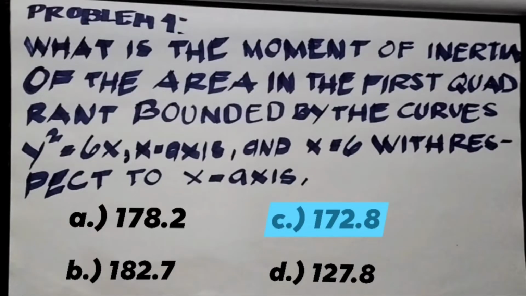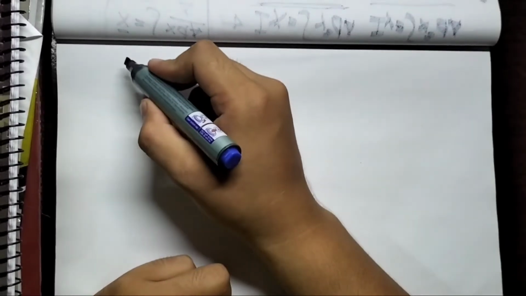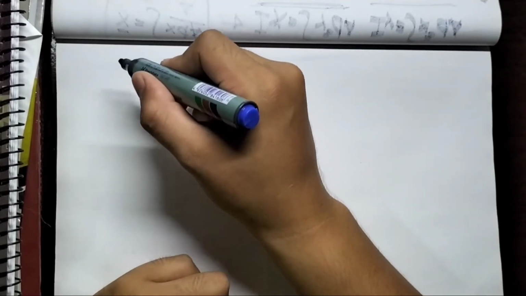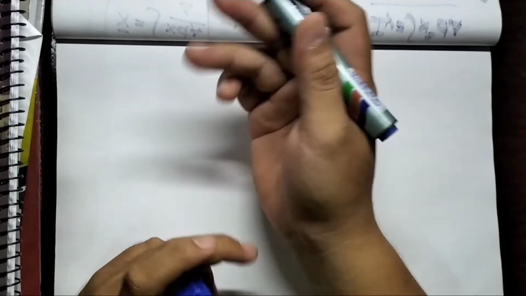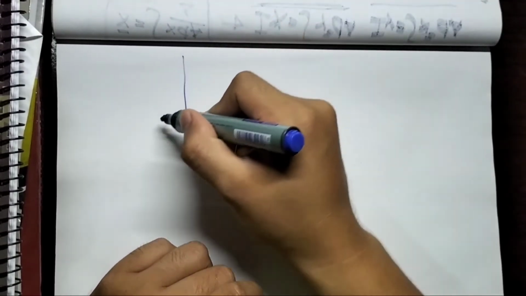And the final answer will be letter C, 172.8. So guys, let's check our problem number 1 using naman yung derived formula, because our graph is like a parabolic segment, 'di ba? So ganito lang, 'di ba? Ganito yung graph natin.